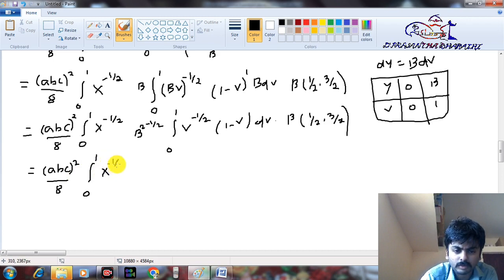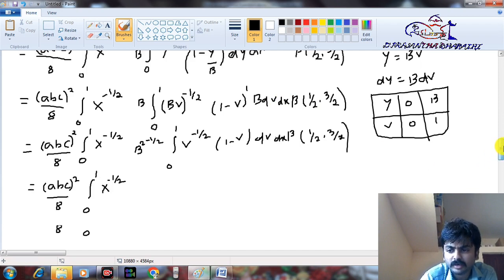See, here we are having, after dv we are having dx. We should not miss any terms, even if we are solving a very big sum, we should not miss any term.